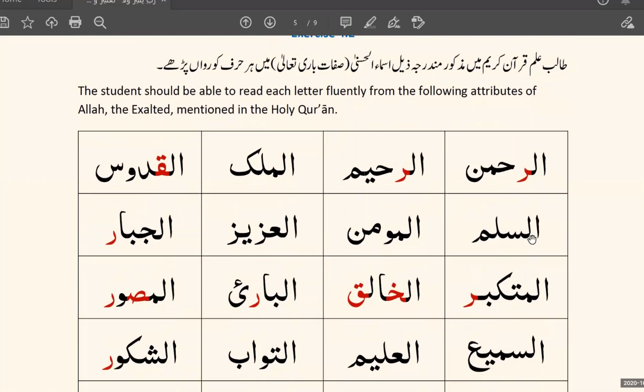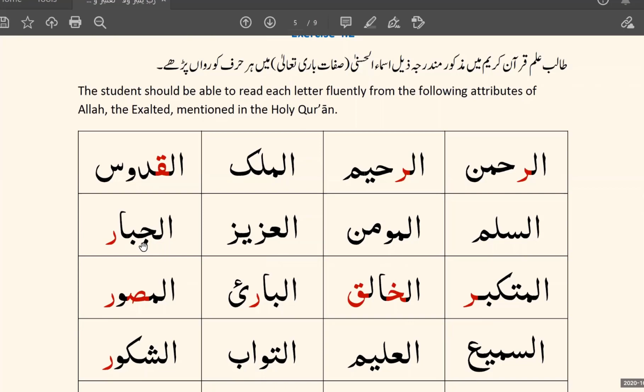Next. Alif, Lam, Sin, Lam, Mim, Alif, Lam, Mim, Waw, Mim, Noon, Alif, Lam, Ain, Za, Ya, Za.